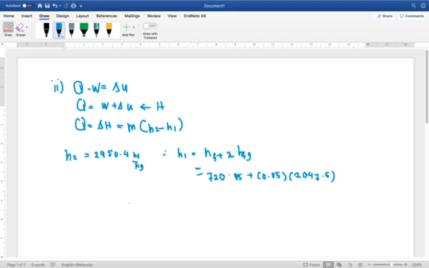So you will get H1 as 2461.245. The unit is kilojoule per kg. Q is equal to m delta H, which is 338.66 kilojoule. That's all. Thank you.